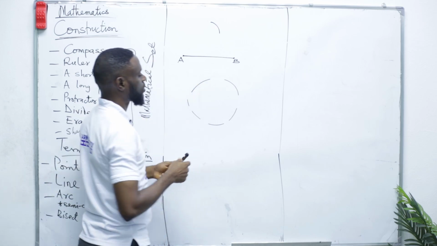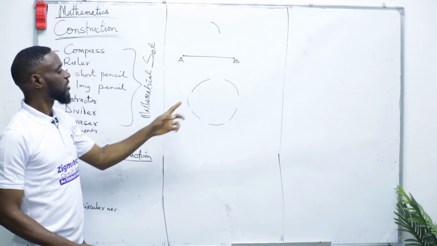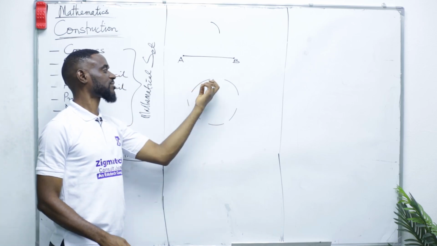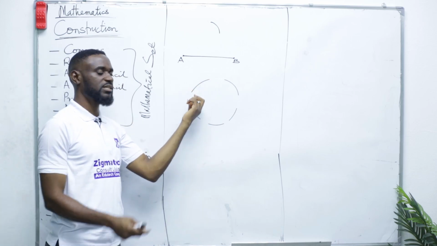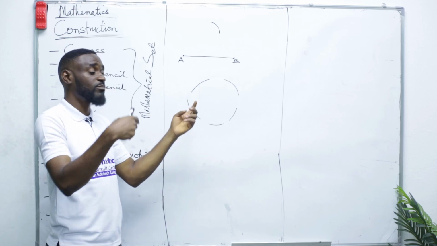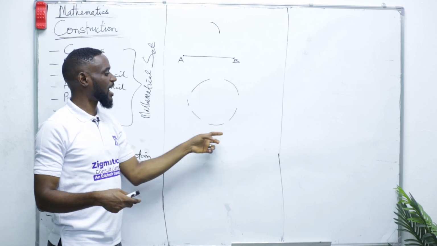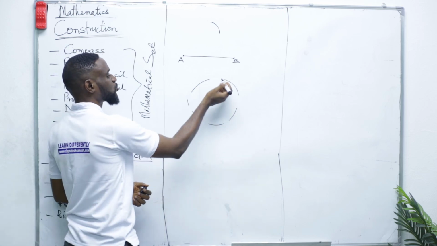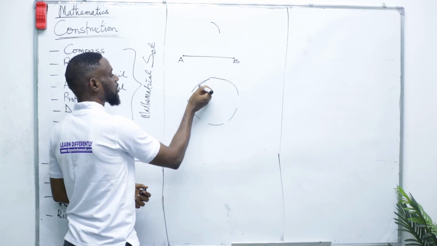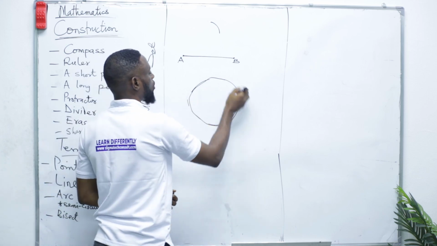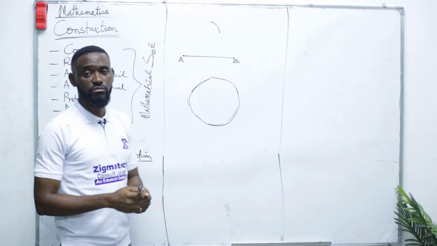This part of the circle that we have from this point to this point in circular form is what we call an arc. So when these arcs join together, they form what we call a full circle.